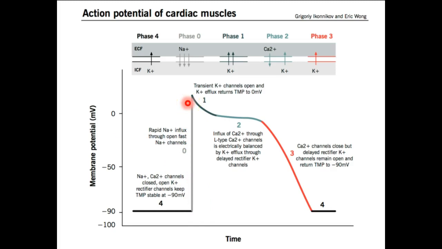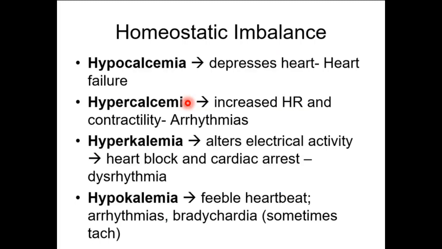So hypercalcemia is a lot of calcium getting rid of the sodium, which would actually be responsible for depolarization, thereby making the action potential more difficult and thereby slowing things down.